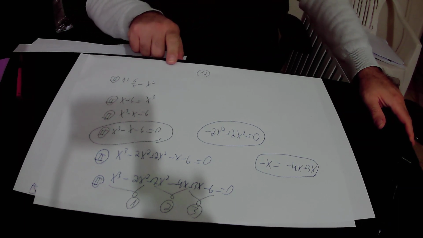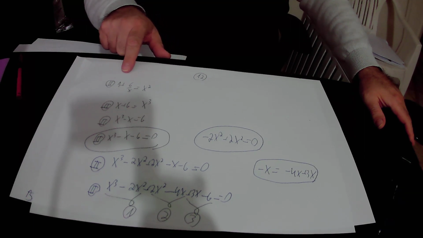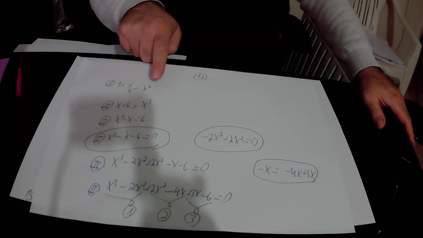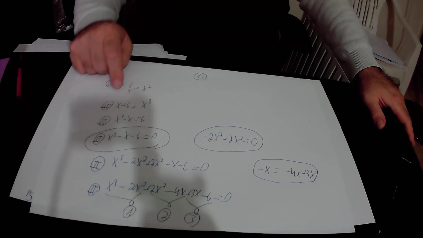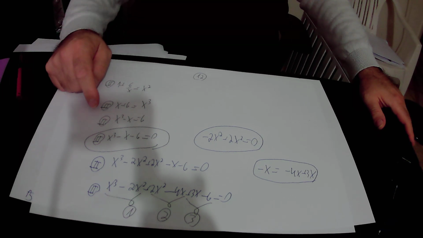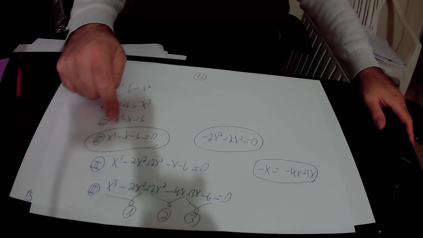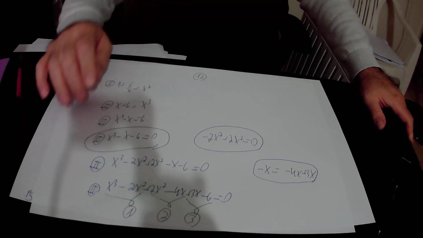Here we multiplied by x, and we got x plus 6 equals x cubed. Then we subtracted x, and we got x cubed minus x equals 6. Then we subtracted 6, and we got x cubed minus x minus 6 equals 0.